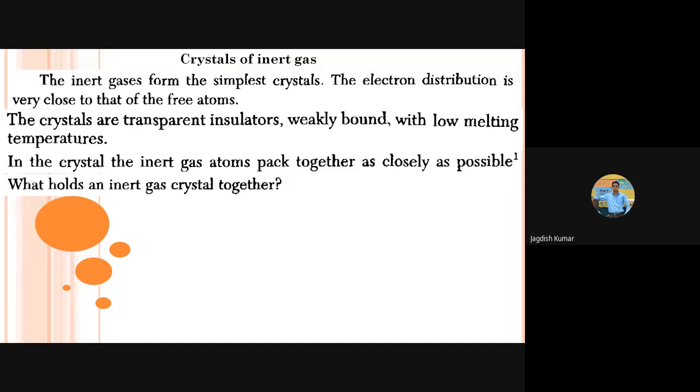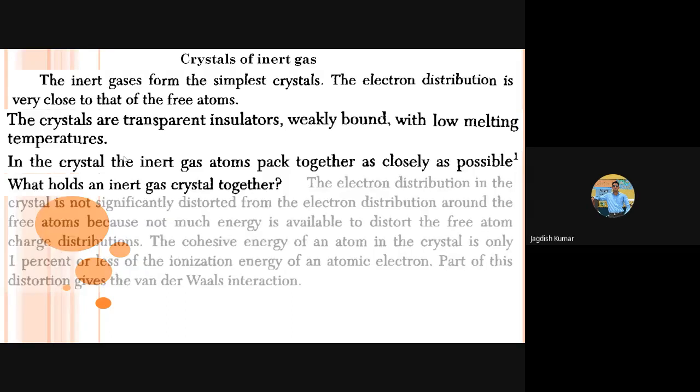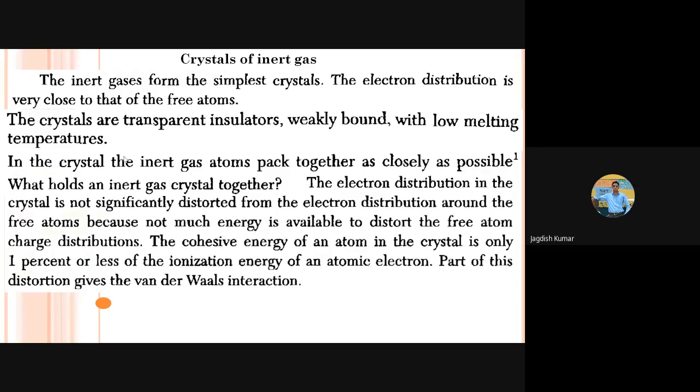These are kind of questions which you may face in any interview, or even you should face them within your mind, that what causes these things to happen. So this is something really very important. If you see that the electron distribution in the crystal is not significantly distorted from the electron distribution around the free atom, because not much energy is available to distort the free atom charge distributions.